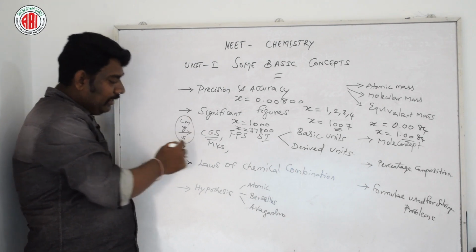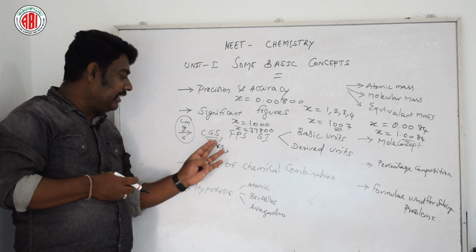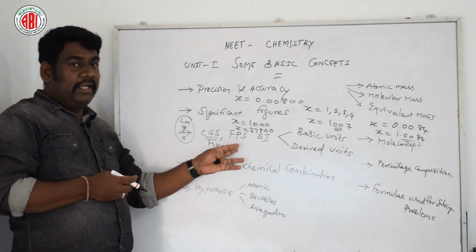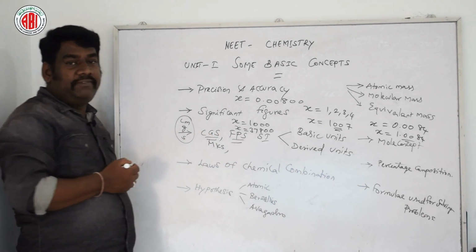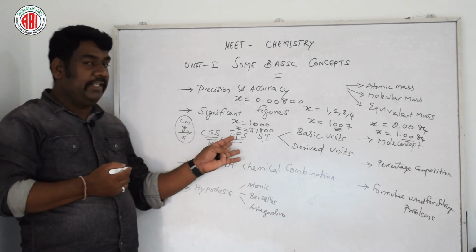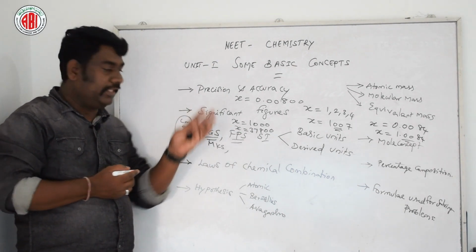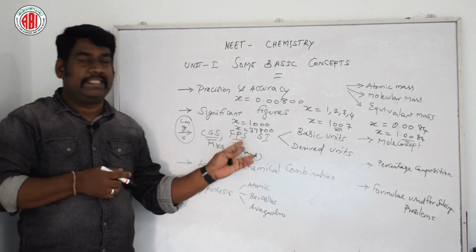So these are the different values which are expressed in CGS and MKS, then FPS, then SI system. In the FPS system, length is measured in foot, mass is measured in pound, and time as usual is measured in second.